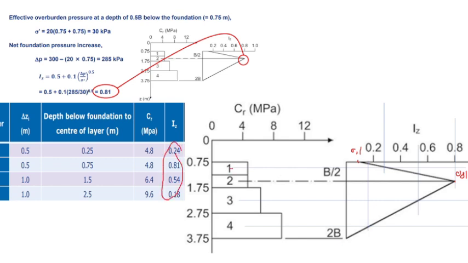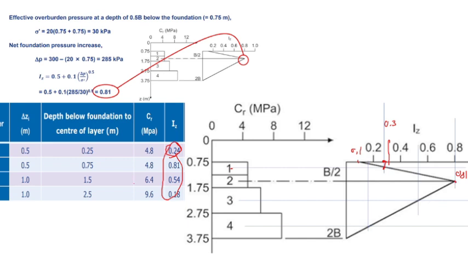For example, the center of layer here, which is 0.5, it intersects over here, and going here it's between 0.2 and 0.4, lower than center here is like 0.3, so it's 0.24. Looking at here, it might not be 0.24, but if your drawing or figure is drawn to scale, then you can find 0.24.